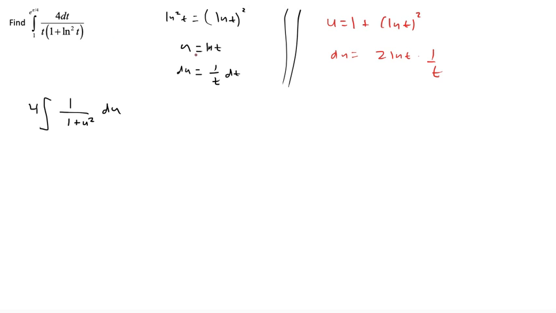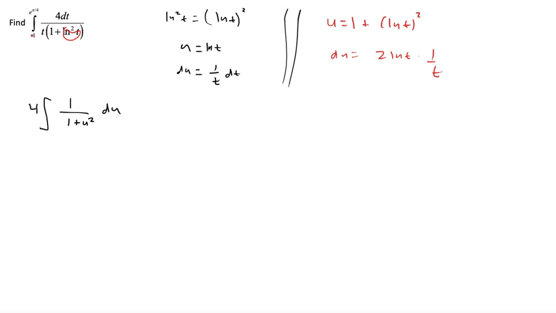So we don't want to do that. But I was able to recognize that this is an inverse trig function. So I just let u equal ln of t, so du is 1 over t dt. That's where I get my u squared.